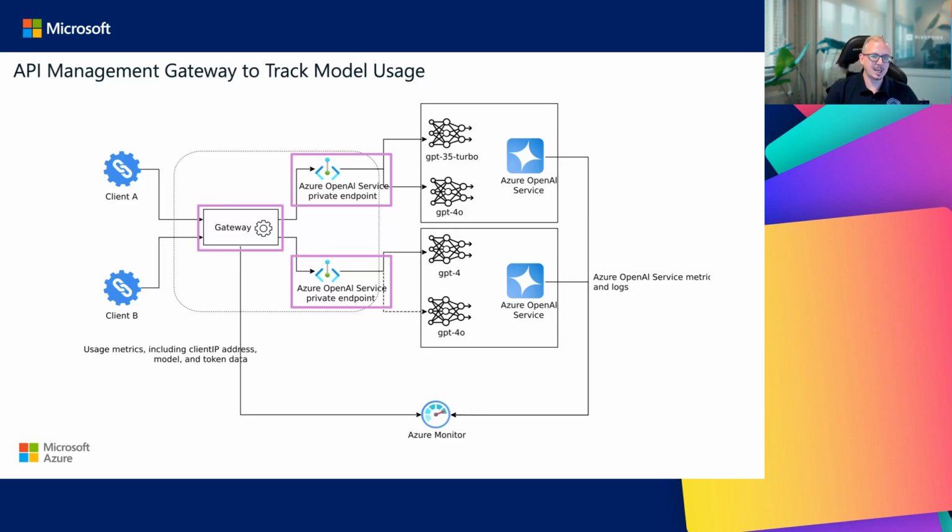Now, we still are getting Azure Monitor information about what's going on from the Azure OpenAI service itself, but now we can get more information directly from the gateway. So metrics, IP addressing, the model that's being requested, token information that's flowing back and forth. So this gives us a lot more capability. Now, there is obviously the additional cost of an API management gateway with architectural considerations, but we definitely get a lot more capability here than in our simple architecture.